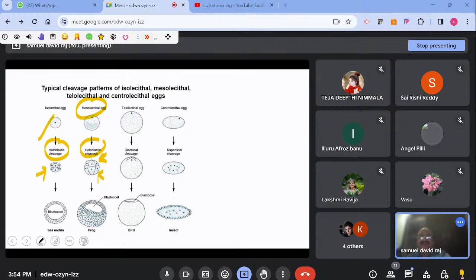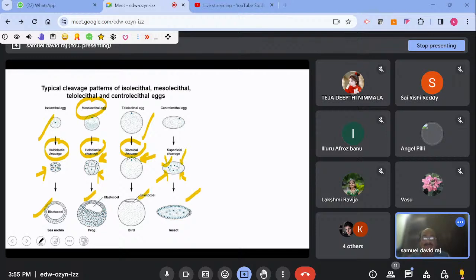In case of heavily telolecithal eggs, it is discoidal cleavage, where all the divisions are restricted only to the animal pole, a disc-shaped area. And in case of centrolecithal eggs, all the divisions are restricted only to the periphery, thus resulting in different types of blastula.